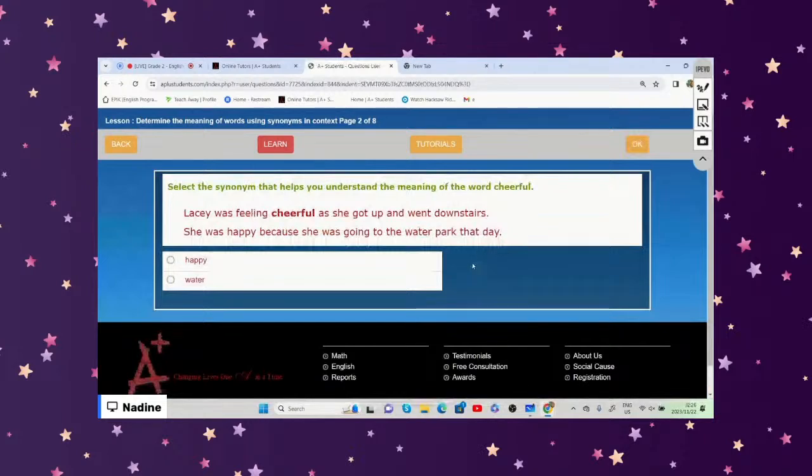We need to select the synonym that helps you understand the meaning of the word cheerful. Lacey was feeling cheerful as she got up and went downstairs.